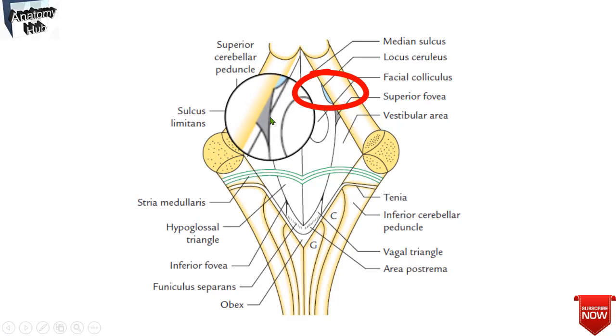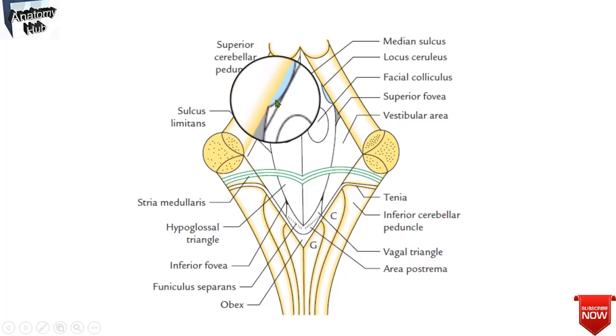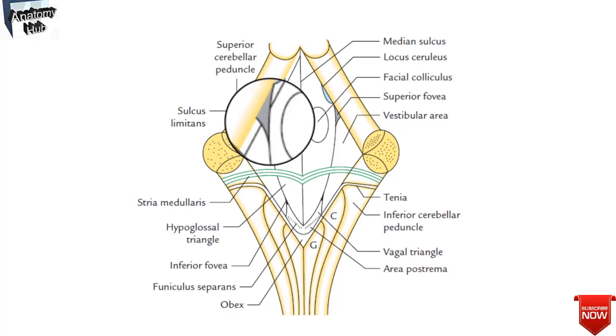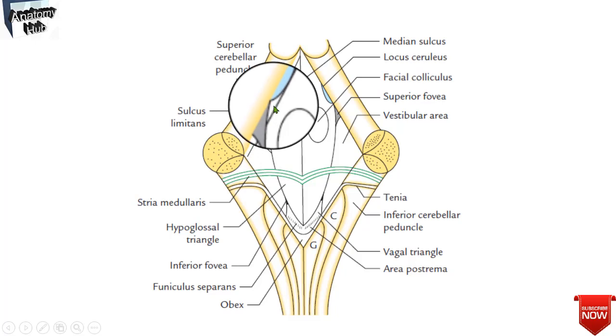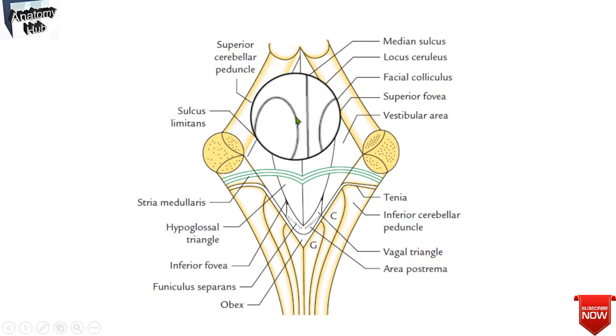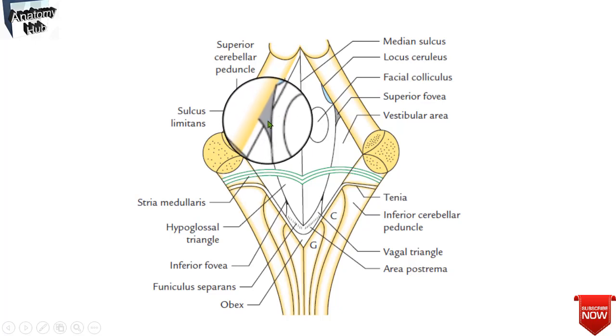Deep to the locus ceruleus there is the nucleus ceruleus, which extends upward into the tegmentum of the midbrain, and it is regarded as part of the reticular formation. Just lower down there is a depression, which is known as the superior fovea.